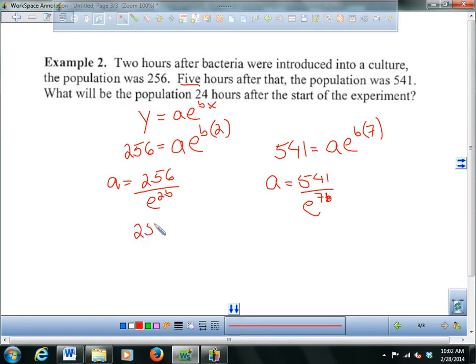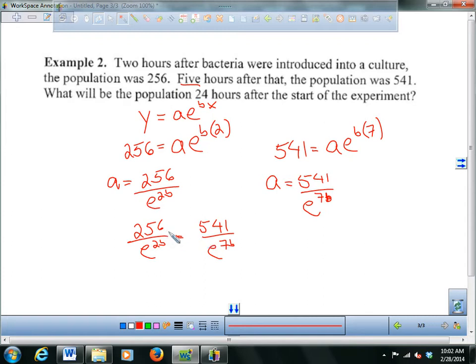So I have 256 e to the 2b equals 541 e to the 7b. And then what I did, I cross multiply, well, what did I do? I cross divided.